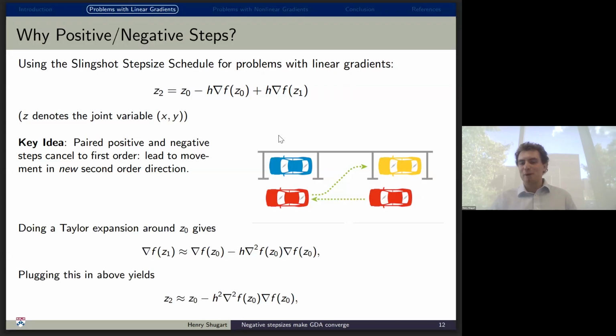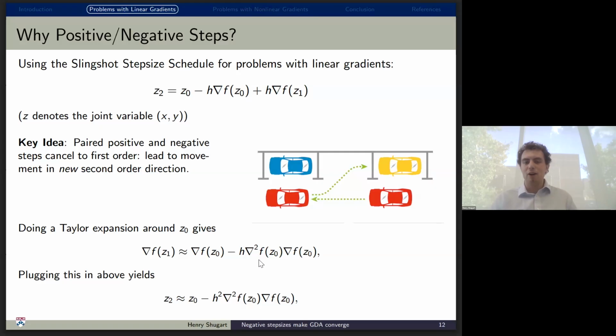And so now to make this a little bit more precise, we can do a Taylor expansion around Z0 and look at what the difference between the gradient at Z1 and the gradient at Z0 looks like. It ends up being exactly h times the Hessian of f times the gradient of f.